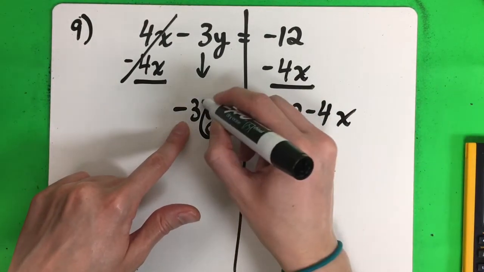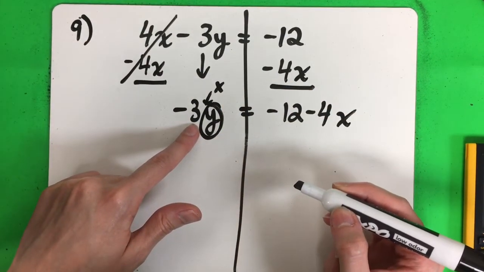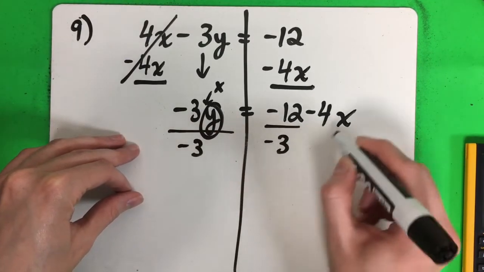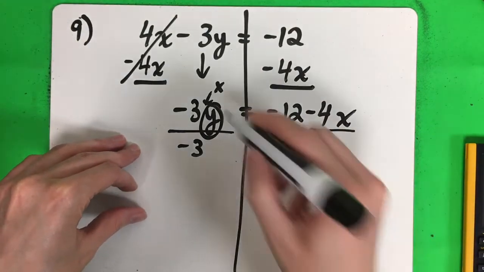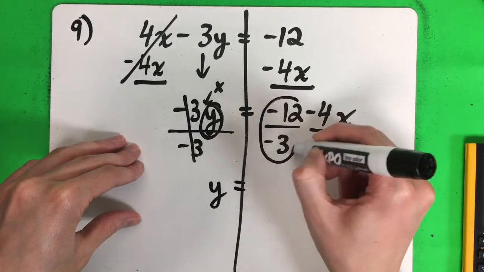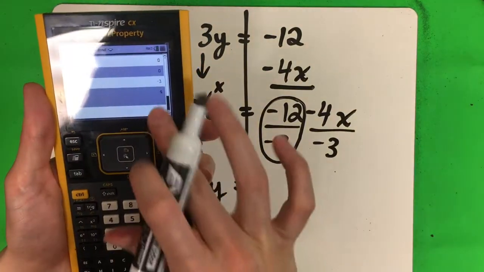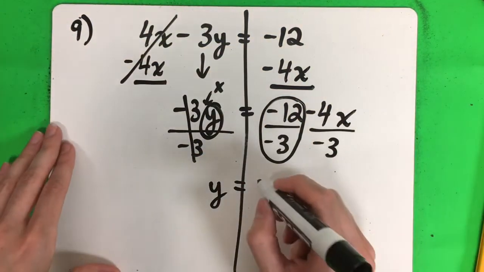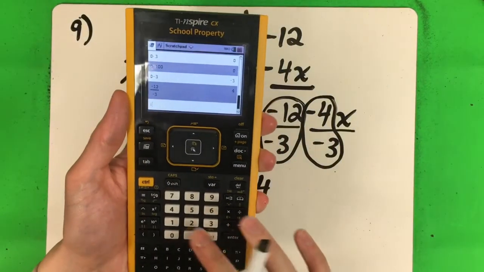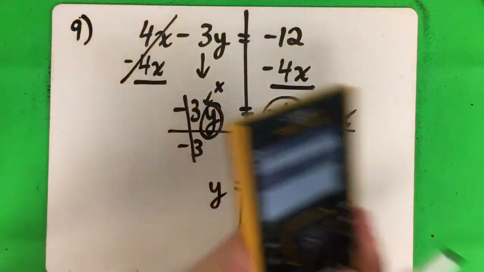I want y alone. What number is with y? Negative 3. In the middle, nothing. It's multiplication. The opposite, divide negative 3. And here divide negative 3, divide negative 3. This cancels. y equals negative 12 divided by negative 3, 4. Negative 4 divided by negative 3, positive 4/3, positive.